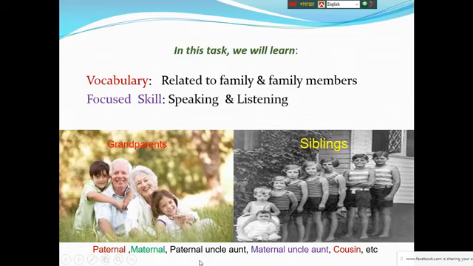If I ask you the meaning of a word like paternal uncle or paternal aunt, you can easily understand what it means and make sense. So these are the reasons why I am using images and multimedia applications to learn language.